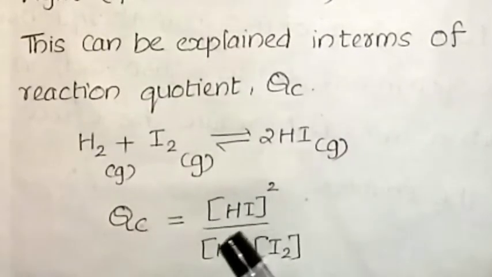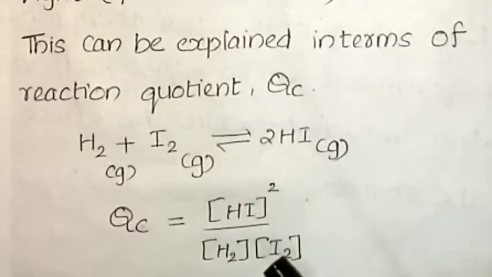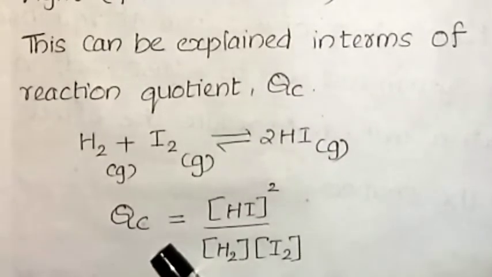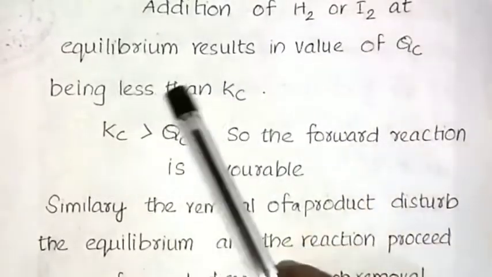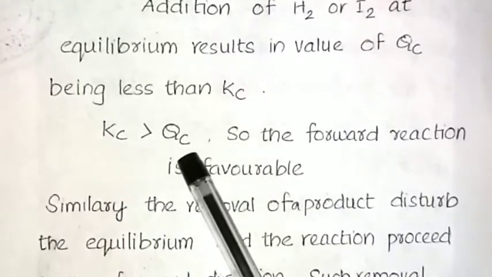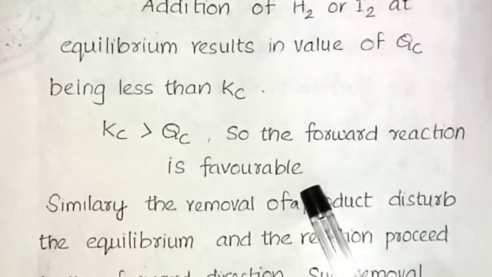When any one of the reactants is added here, then the concentration of that reactant increases, then the denominator increases. Then the value of Qc decreases. Then addition of hydrogen or iodine at equilibrium results in the value of Qc being less than Kc. Here Kc is greater than Qc, so the forward reaction is favorable.